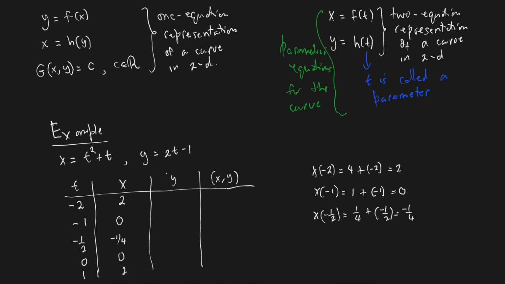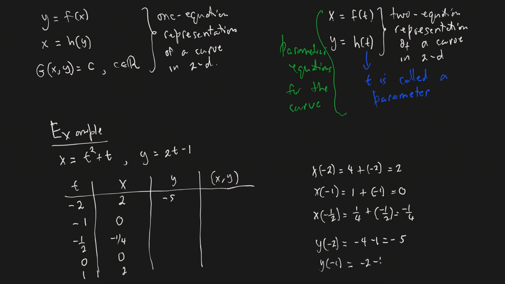Then we do the same thing to get the y's. We're using the same values of t, but now we're going to use the y equation. Now let's do y of -2. That's -4 minus 1, that's -5. With t equals -1, plug that in, what do we get?